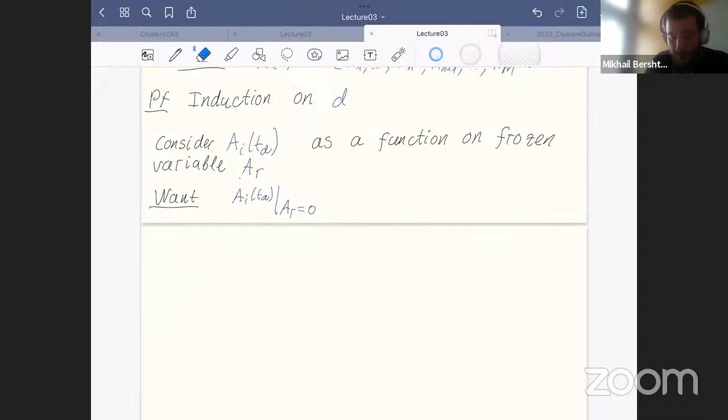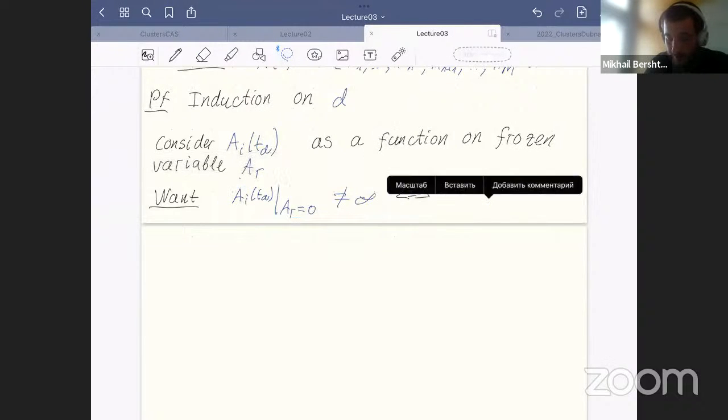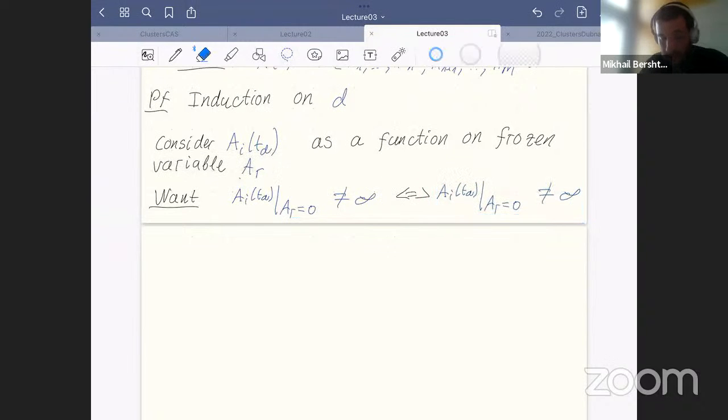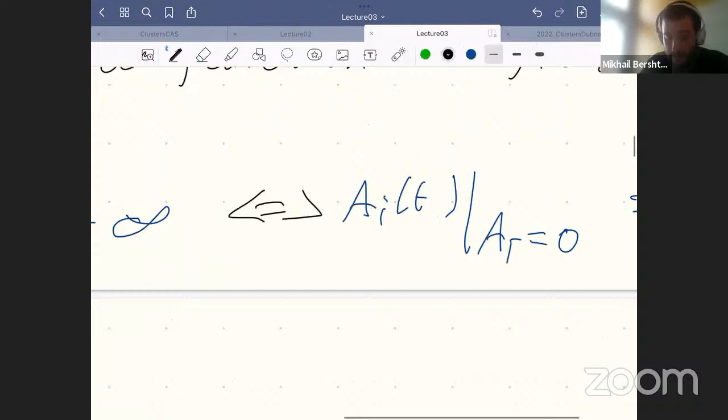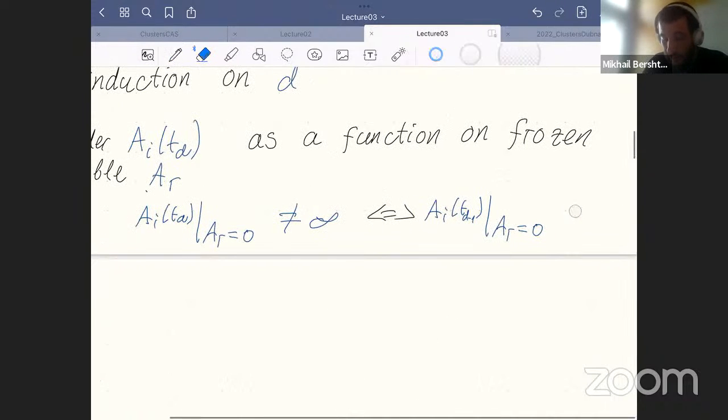We want to prove that this is not equal to infinity. This is equivalent to the fact that on the previous step, the corresponding variable is not equal to 0.